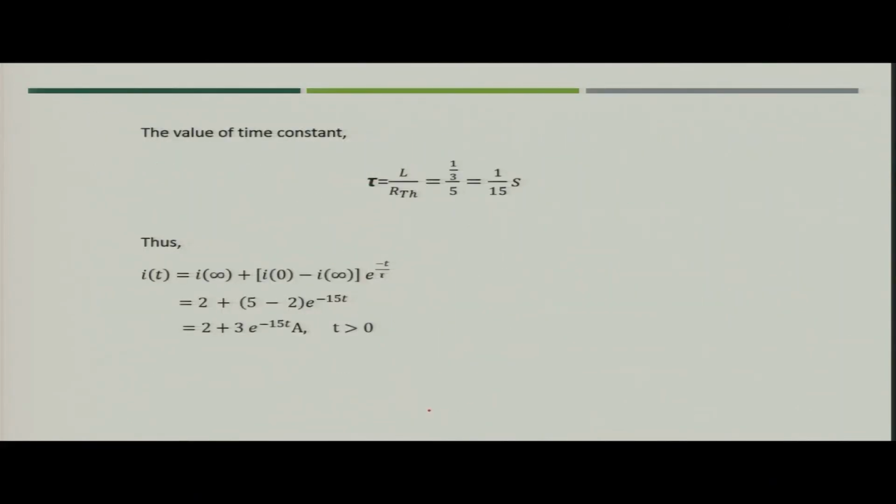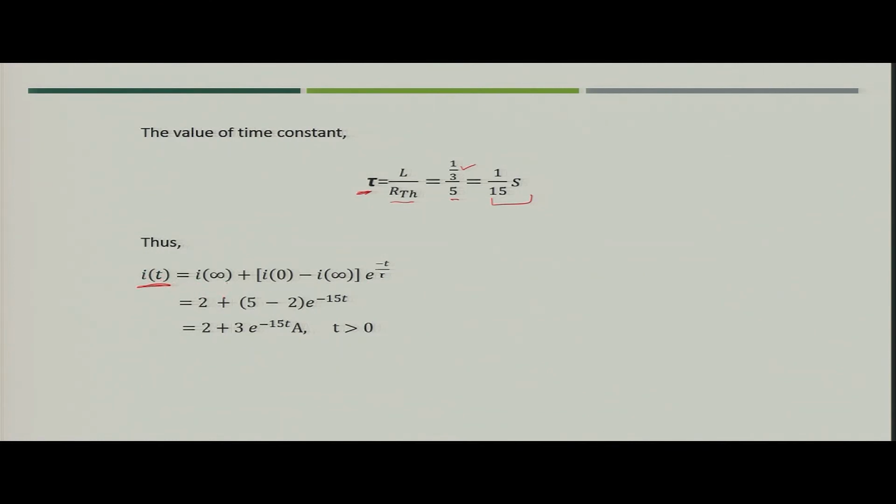Now you need to find the value of the time constant tau, which will be the value of L by RTH. L is given as 1 by 3, RTH is 5. So you will get tau as 1 by 15 second. Now you have all the values in your hand. You can simply put the values in this expression for i(t).